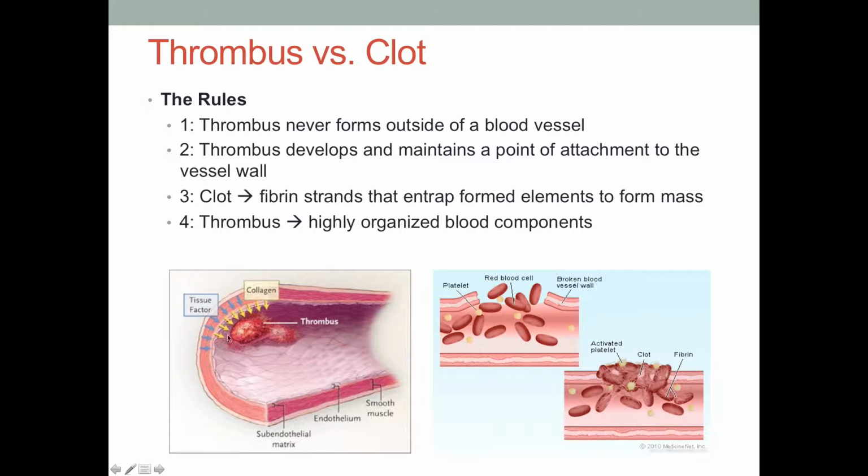Instead, it is a very calculated, organized layering of blood components that are formed via a portion of the coagulation cascade. The most important, though, is that with a clot, there is physical injury. There's physical tearing of a vessel and danger of blood loss. In the creation of a thrombus, there is no tearing of the vessel and no danger of blood loss.